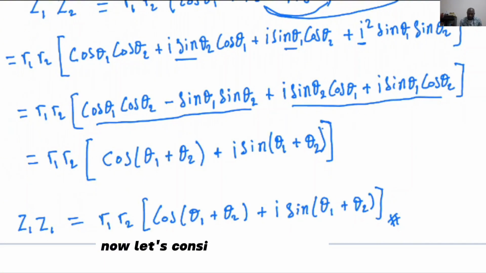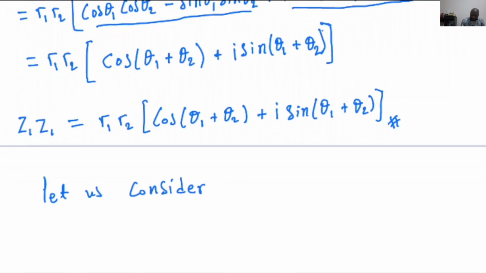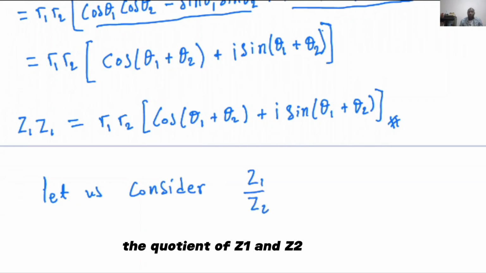Now let's consider the quotient, the quotient of z1 and z2.